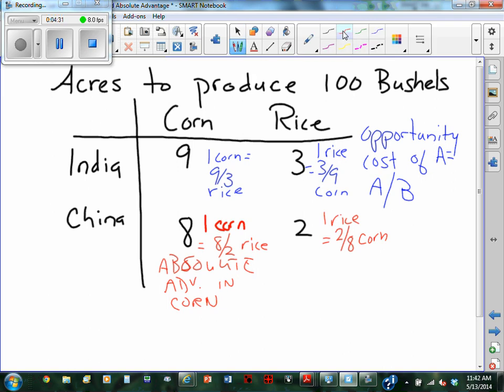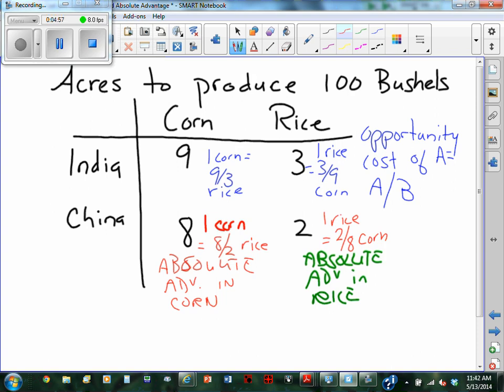So China also has an absolute advantage in rice. Okay, so we know that China does it better, but we don't know who does it cheaper. And that's what the question of comparative advantage is about. Who does it at the lowest opportunity cost?